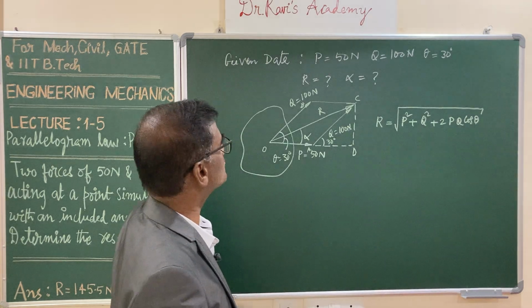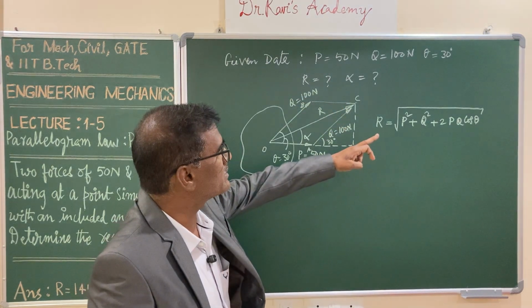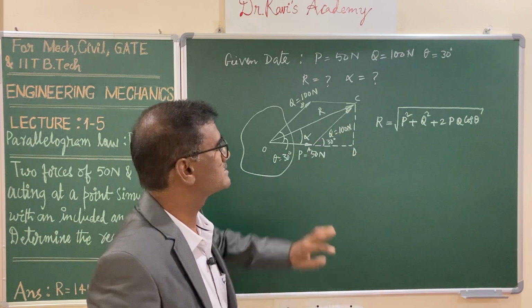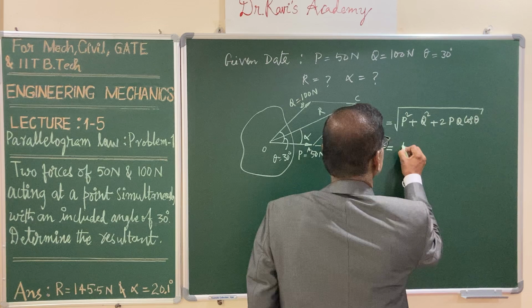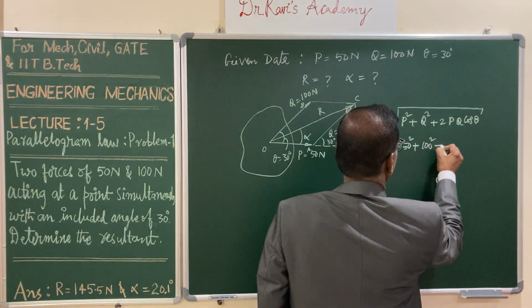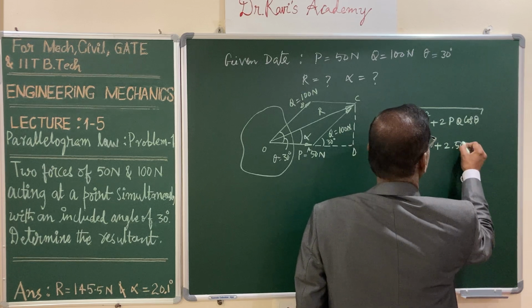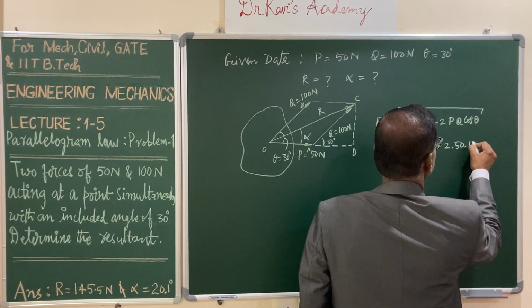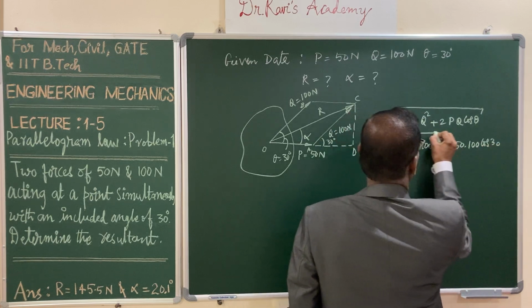In this, substitute P equal to 50 newtons, Q equal to 100 newtons and theta equal to 30 degrees, so that you get the resultant magnitude. So this is the square root of 50 square plus 100 square plus 2 into 50 into 100 cos 30 degrees.